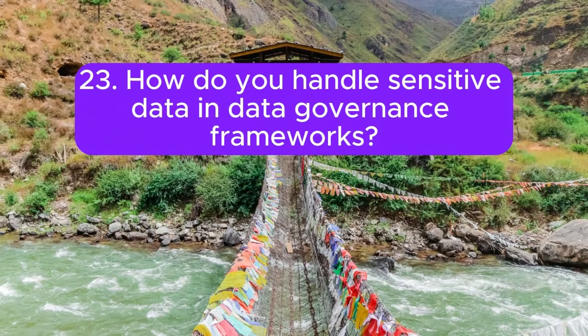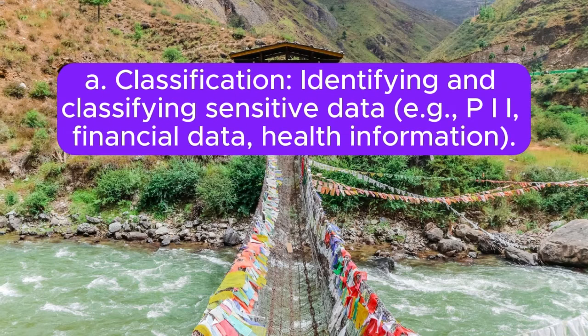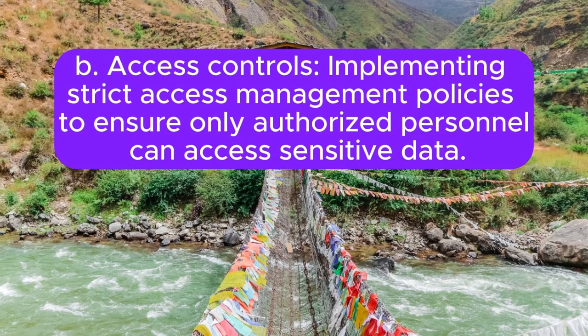23. How do you handle sensitive data in data governance frameworks? Answer: Handling sensitive data within data governance frameworks involves: A. Classification: identifying and classifying sensitive data, for example, PII, financial data, health information. B. Access controls: implementing strict access management policies to ensure only authorized personnel can access sensitive data.